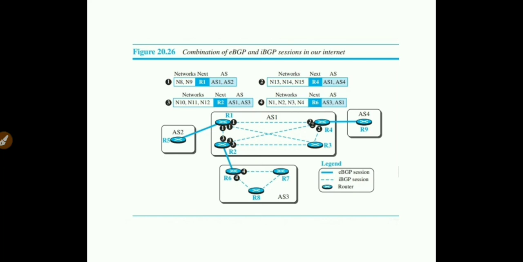So the combination of eBGP and iBGP facilitates both inter-domain and intra-domain routing between autonomous systems. Is this clear? That is the role of the Border Gateway Protocol.